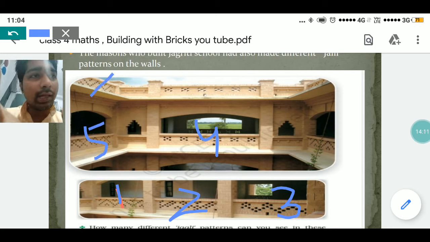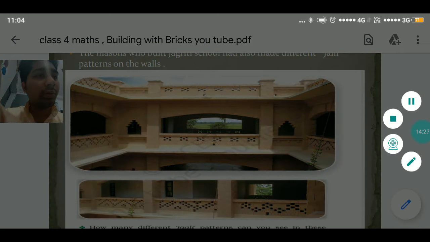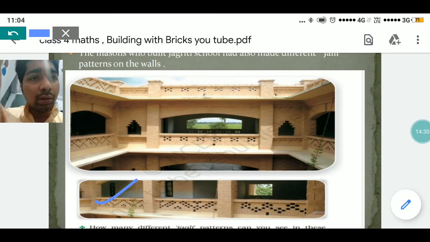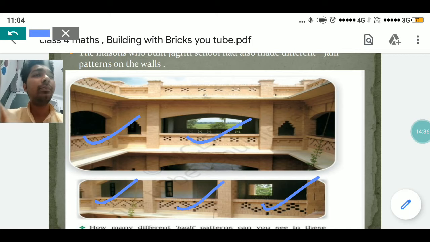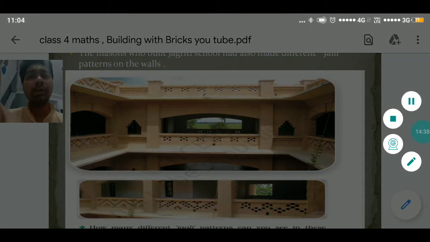And this brick jali and this brick jali are the same as this one. And this is also the same as the 4th one. So how many brick jali patterns? 5. Once again 1, 2, 3, 4, 5. Okay, do you understand?